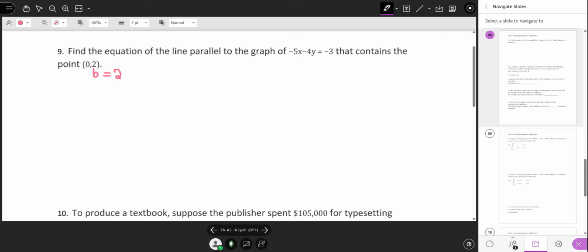So the nice part about this is, let's solve for y, and we're going to do this the quick, dirty way because y is negative. I don't like dividing by a negative number if I don't have to. So, -5x, the opposite of -3 is +3.